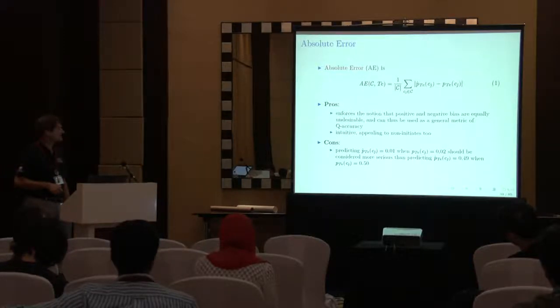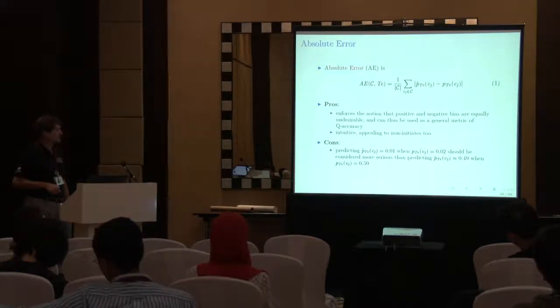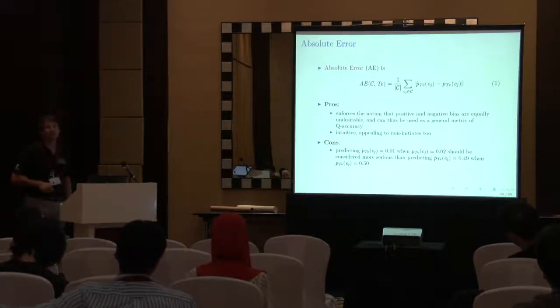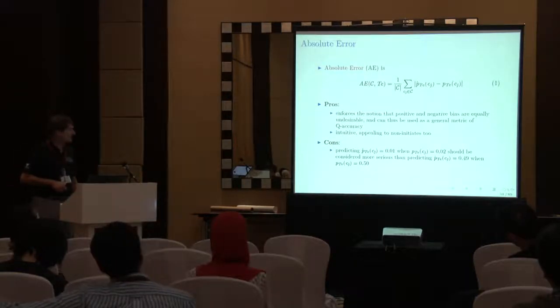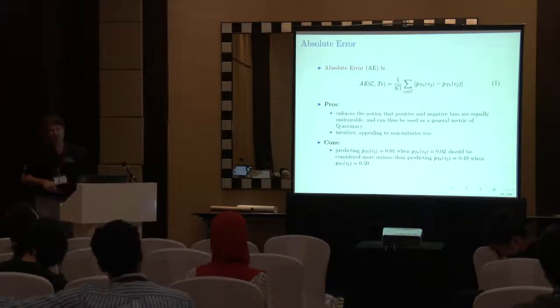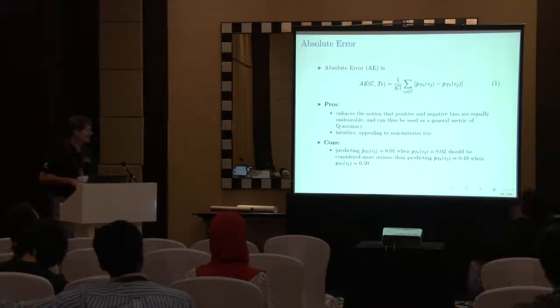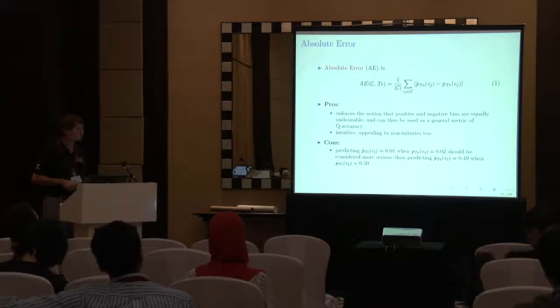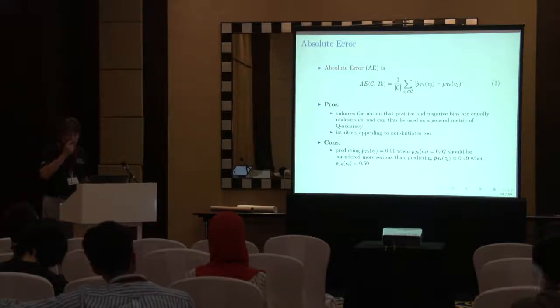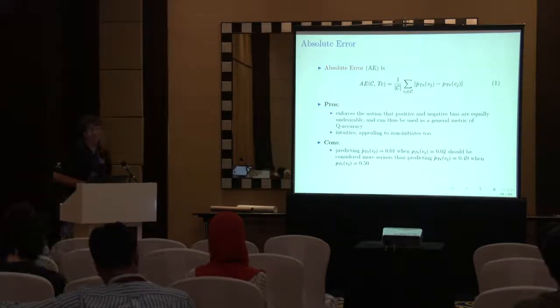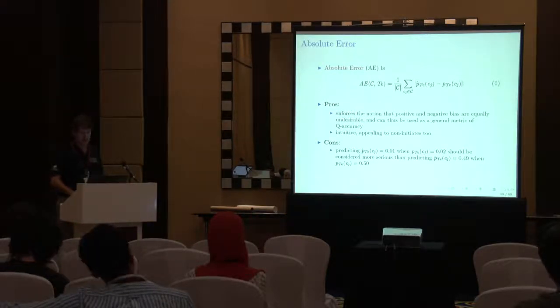That's the same absolute error as estimating 0.49 when we should have estimated 0.50. But are these two mistakes equivalent? Not really, because the second one is a fairly mild mistake, 0.49 instead of 0.50, while the first one is pretty harsh, because you estimate 1% instead of 2%. That's half the real percentage. So absolute error doesn't cater for the fact that different true percentages should be evaluated differently.